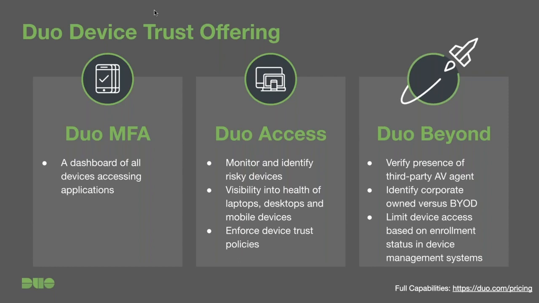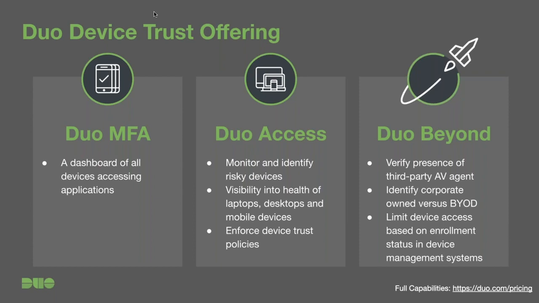And finally, Duo Beyond, which does those things like checks for third-party agents, identifies corporate versus BYO, and limits device access based on those things as well. So the third-party connections are really key in that last tier, where we're able to say AMP is running on that, or CrowdStrike is running, et cetera.